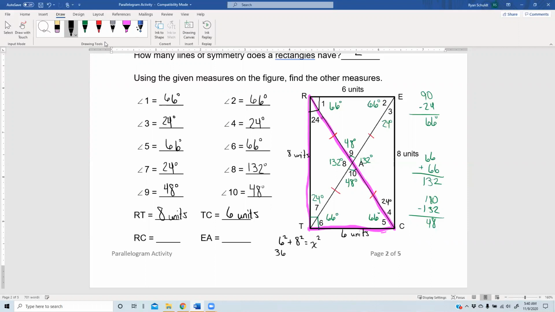It's going to be 36 plus 64, 100. Square root it. And we get x equals 10. So all the way from R to C is 10 units.